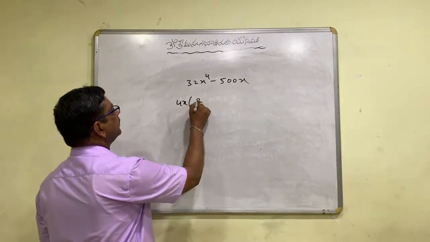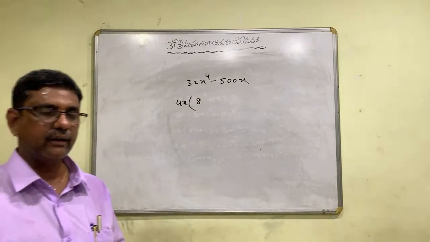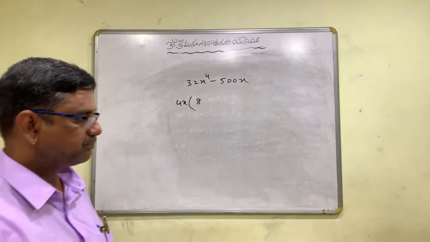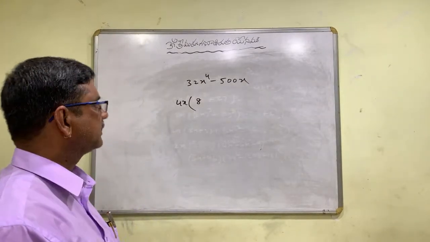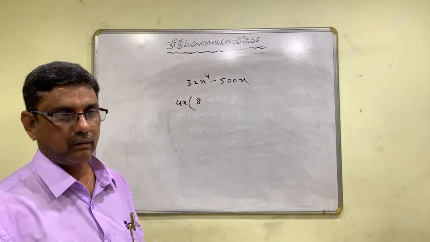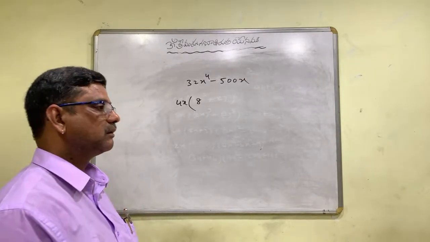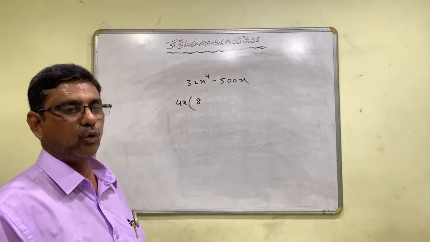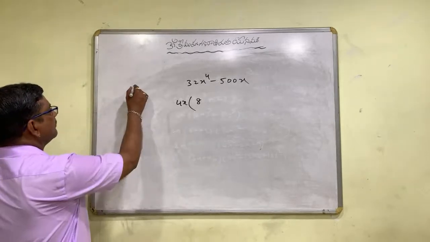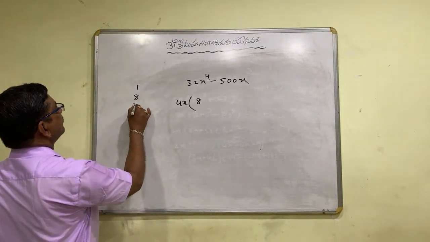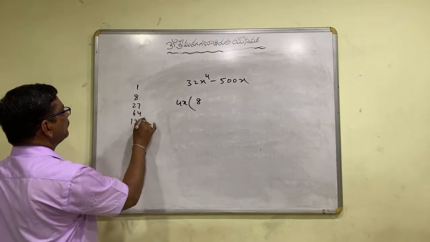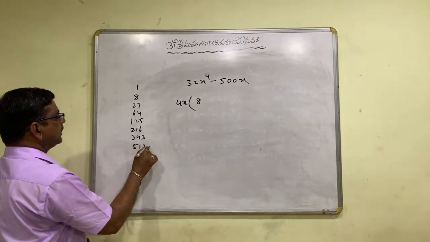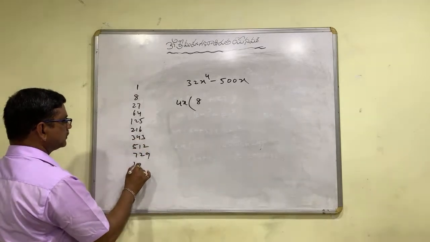4 8s are 32. 8 is a perfect cube. Children, you should be thorough with the perfect cubes. 1, 8, 27, 64, 125, 216, 343, 512, 729, 1000.